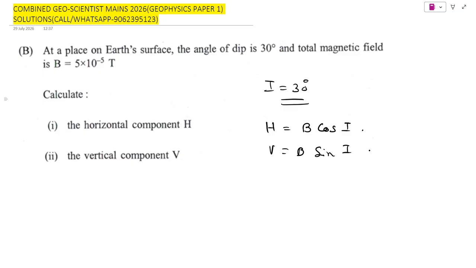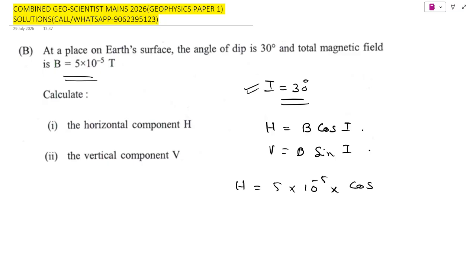Students often confuse sine and cosine, so remember the simple trick: horizontal means cosine and vertical means sine. Since the dip angle is measured from the horizontal, cosine always gives the horizontal component. Now, given B and I is 30 degrees, using H equal to B cos I, we just substitute the values.